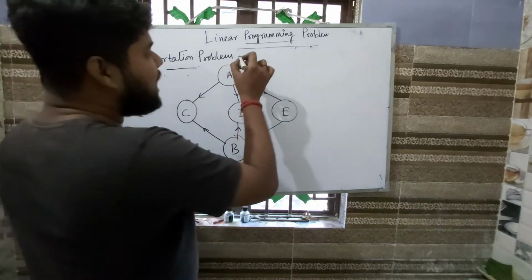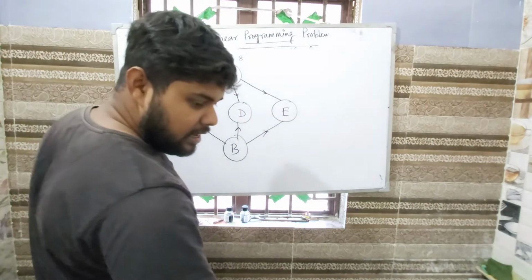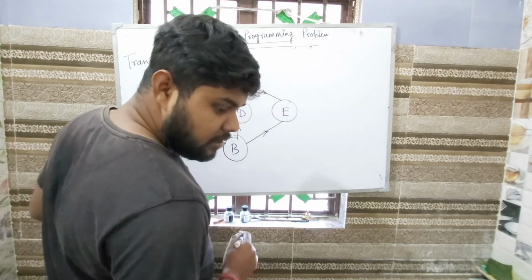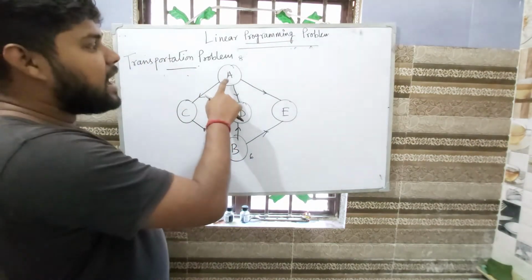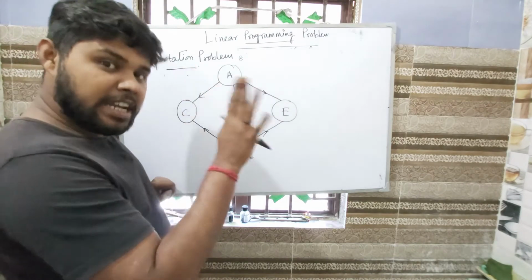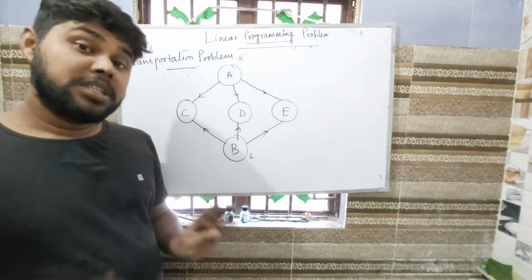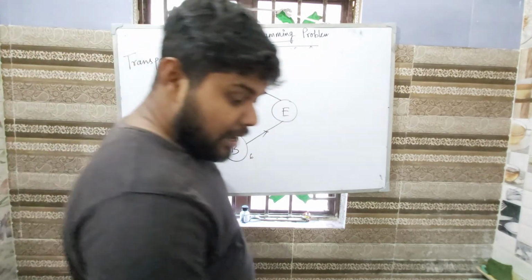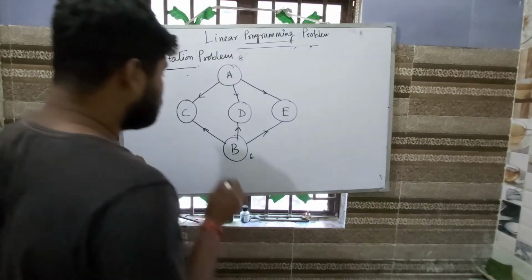So now A has got a capacity of 8 and B has got a capacity of 6. So A can at most send anywhere 8 units of the commodity. B can send at most anywhere 6 units of the commodity. Now C, D, E have 5, 5, 4 requirements.